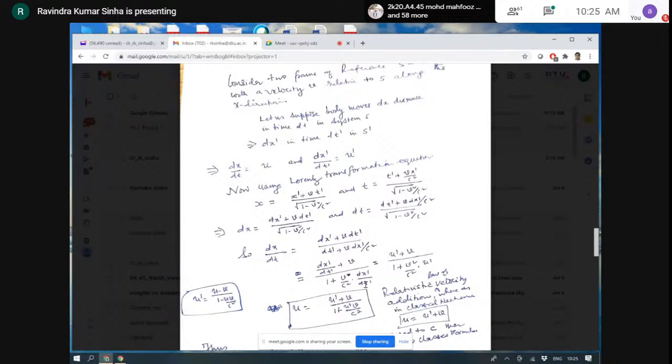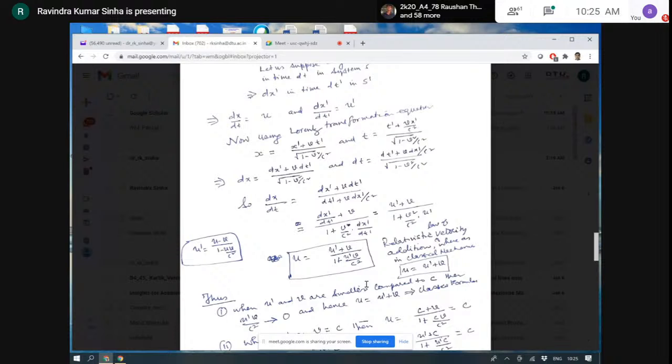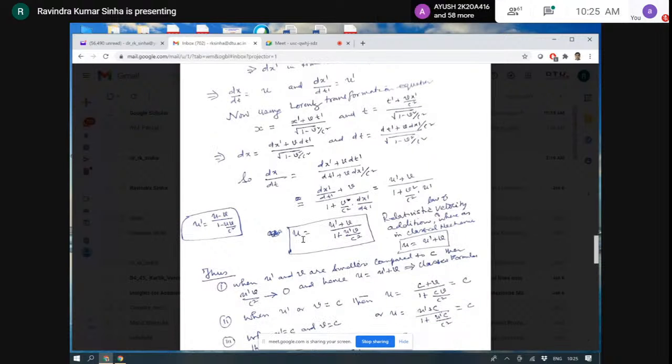Here we have divided by dt dash in this expression. So this one will be dx dash by dt dash plus v, and here also. So you will be recording the velocity of your friend, who is moving with a velocity u dash in the train, as u dash plus v divided by 1 plus u dash v by c square.